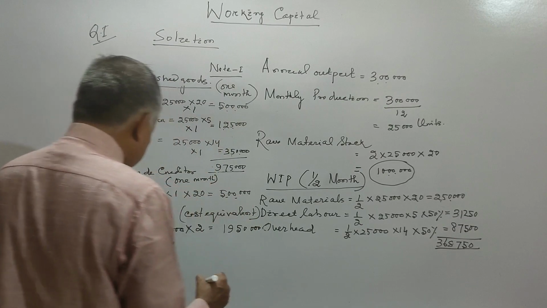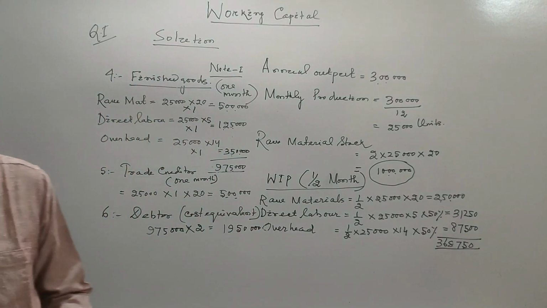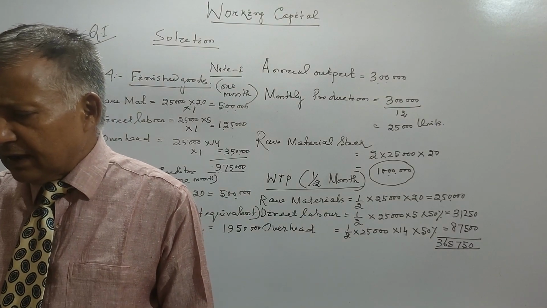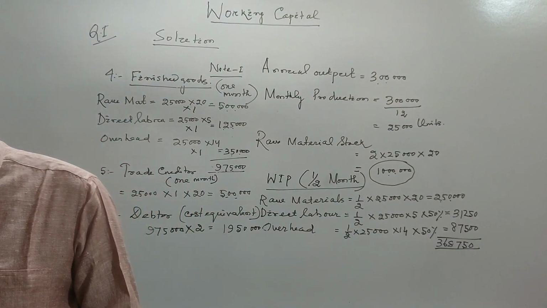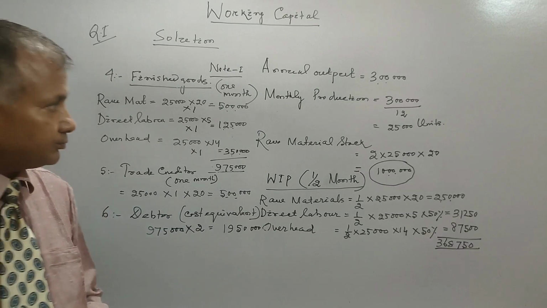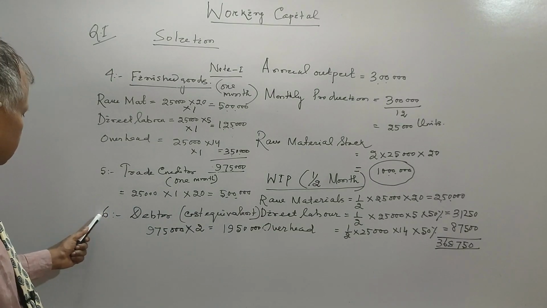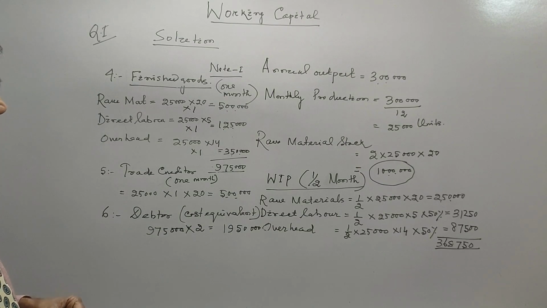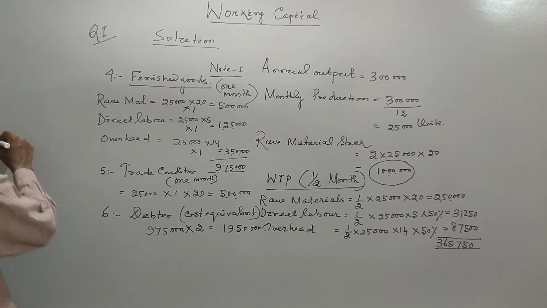This is the cost equivalent of debtors. So friends, again they are asking, the cash balance is 25,000. So these are the 6 items we require for the statement of working capital, right?